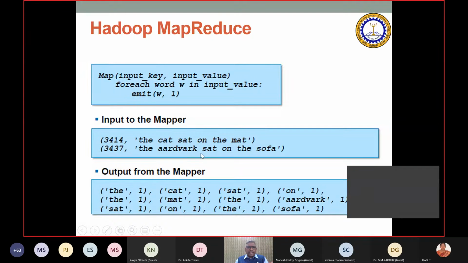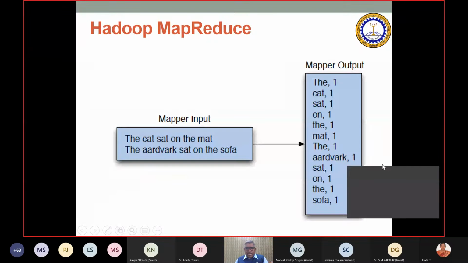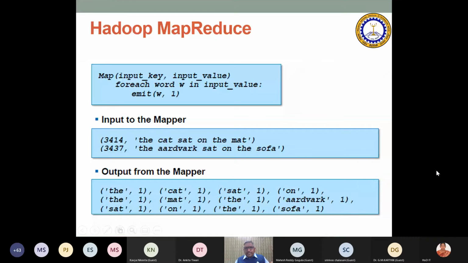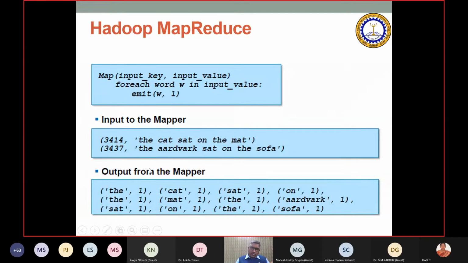If you look at these two sentences, then you can try to come up with an idea of how things happen, right? What actually is happening here is we need to count. So how do I arrange all these? Finally, I want to get the result, each word and how many times it is coming.